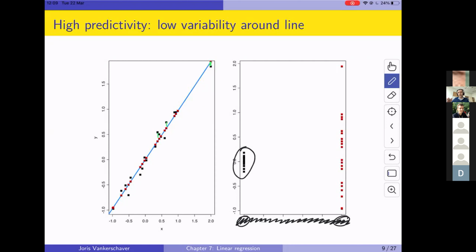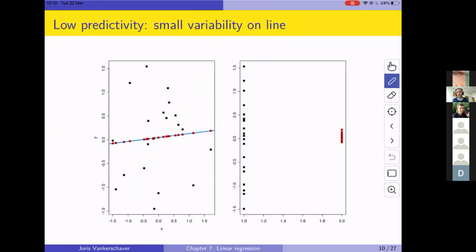I still have wide variability. So what I want to see for high predictivity is basically a tightly clustered residual distribution compared to the distribution of the predictions. If the residuals are tightly clustered together compared to the actual predictions, then that's good for my predictivity.